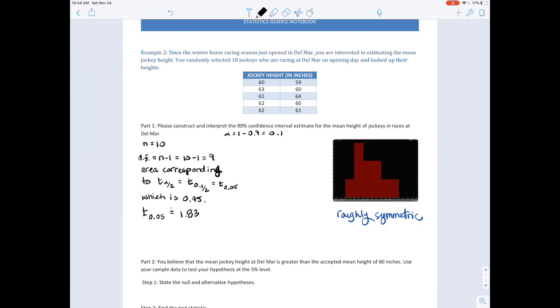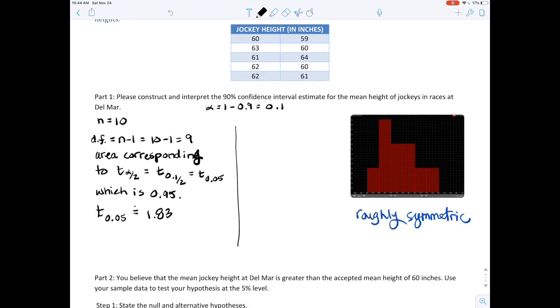All right, and remember that the general formula was going to be, what do you think? Good. X bar plus or minus t star times the standard error of X bar.